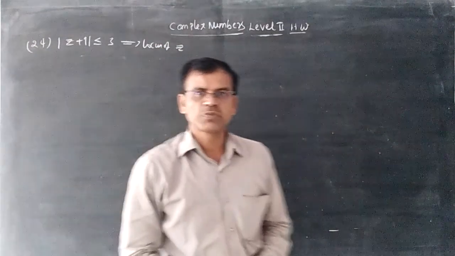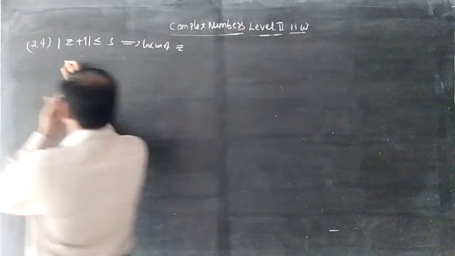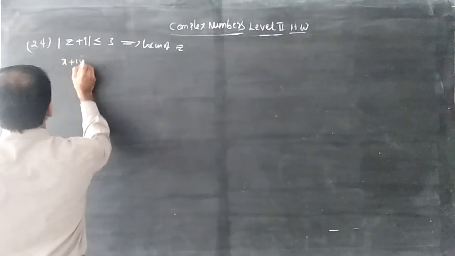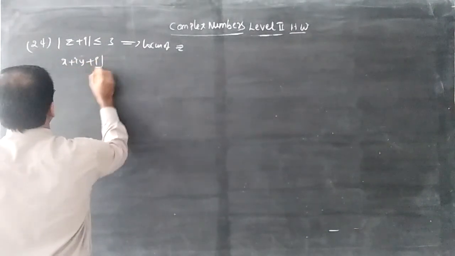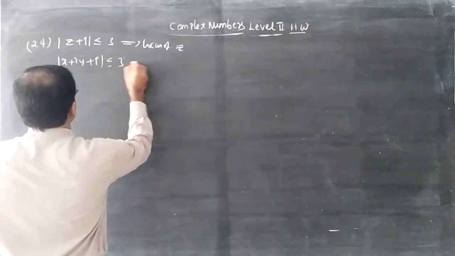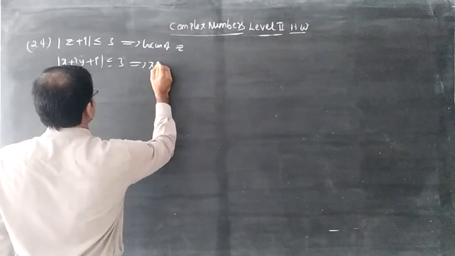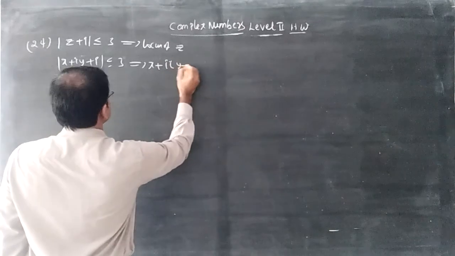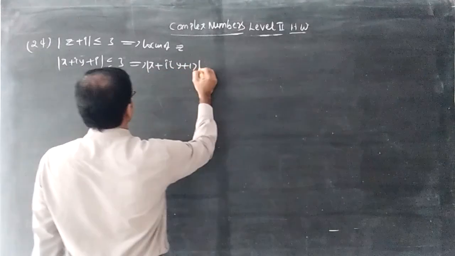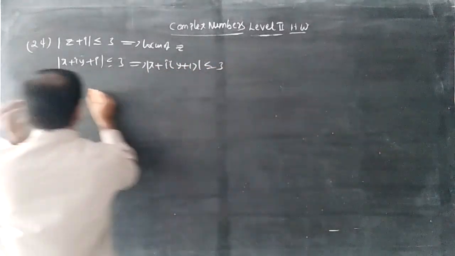Let z is equal to x plus iy, any complex number. Modulus of x plus iy plus i is less than or equal to 3. So modulus of x plus i into y plus 1 is less than or equal to 3.